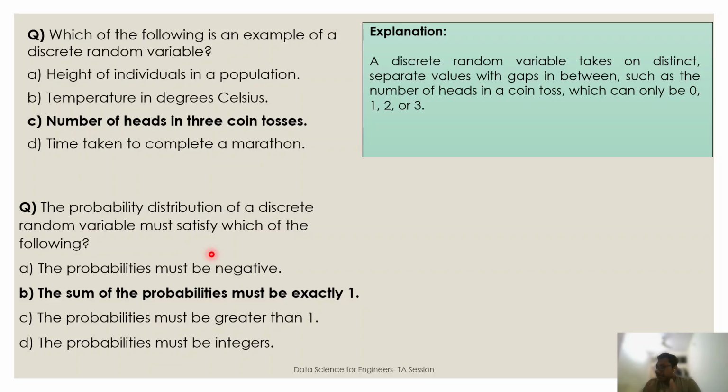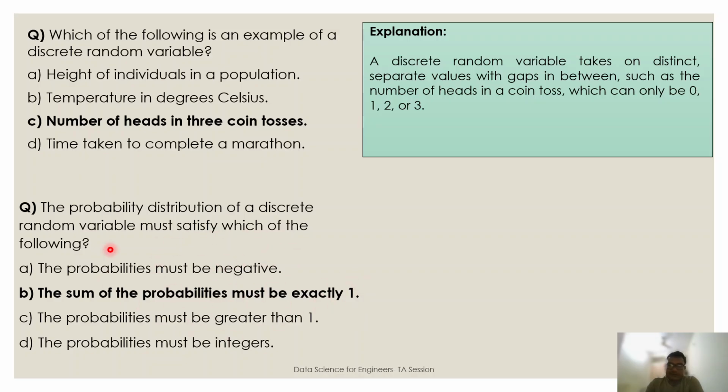The outcomes you are getting should be integers, not your probability. When we saw the appearance of an even number, 2, 4, 6 are the three possible outcomes divided by all 1 to 6, so it becomes 3 by 6. So you are getting a 0.5 value, a decimal value. So the correct answer is that the sum of probabilities must be exactly one.